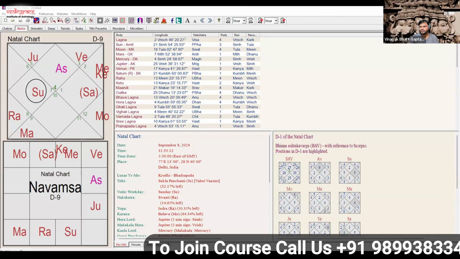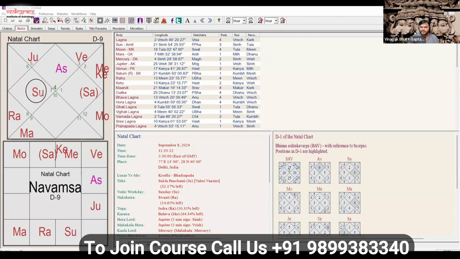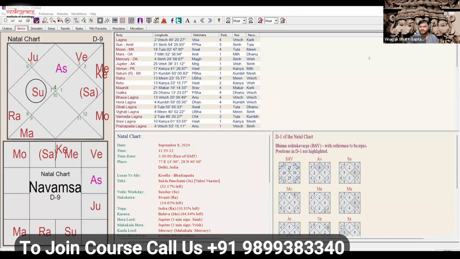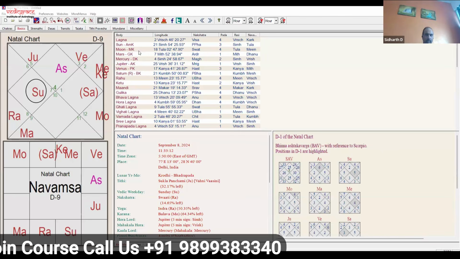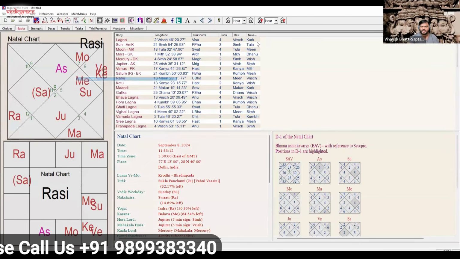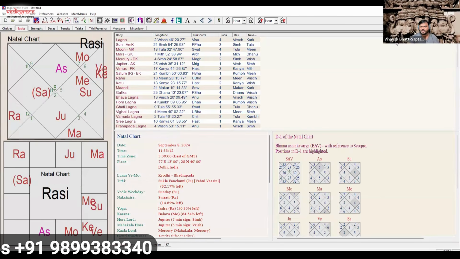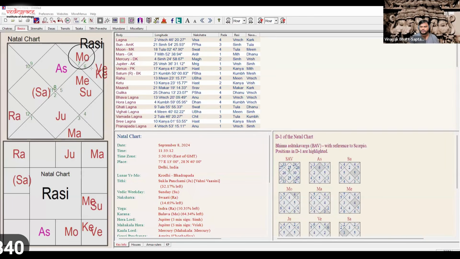So what I am doing, I am taking this Libra sign in the D1 chart back. Understood. Correct. So when I take this Libra sign in D1, where will I reach? I will reach the 12th house. That is the taste we are looking for.